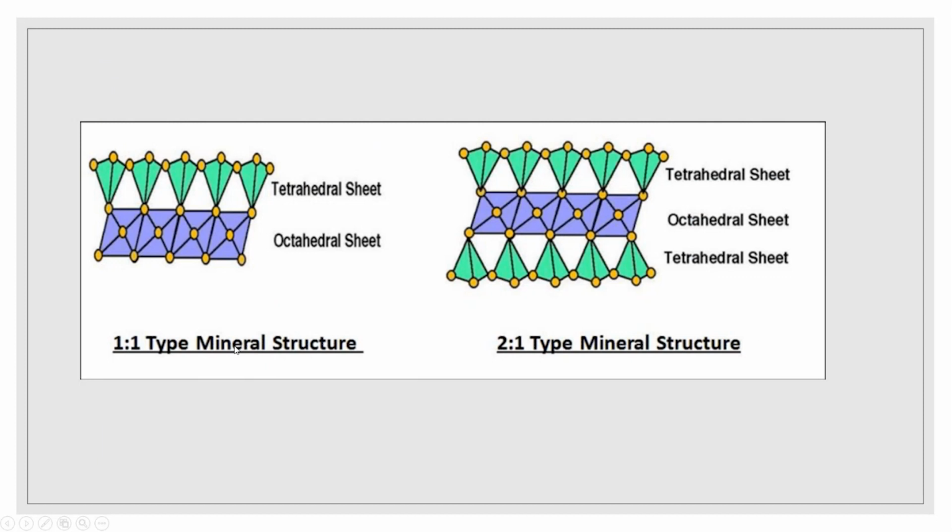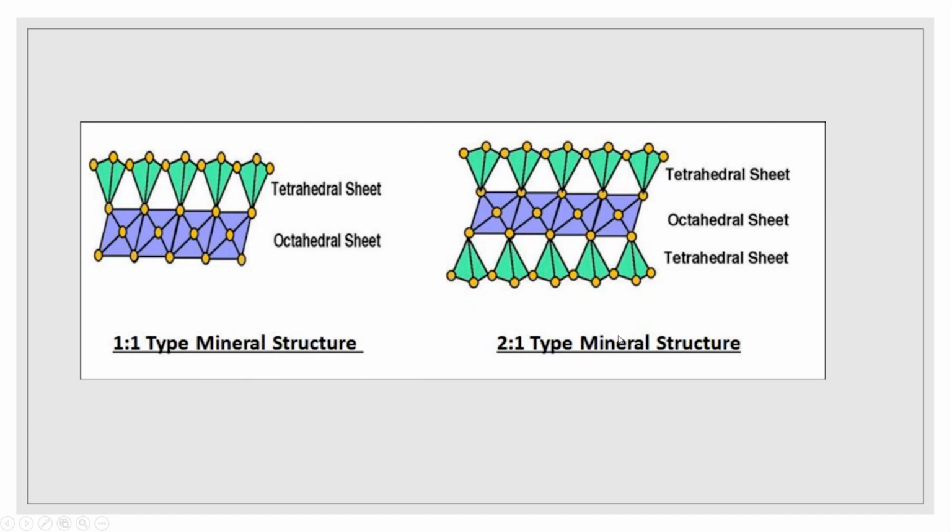So for our 1-to-1 minerals, we're going to have 1 tetrahedral sheet on top of 1 octahedral sheet. And then we would just repeat this process continuously. So this is going to be 1-to-1 mineral right on top of each other. Tetrahedral, octahedral, tetrahedral, octahedral.